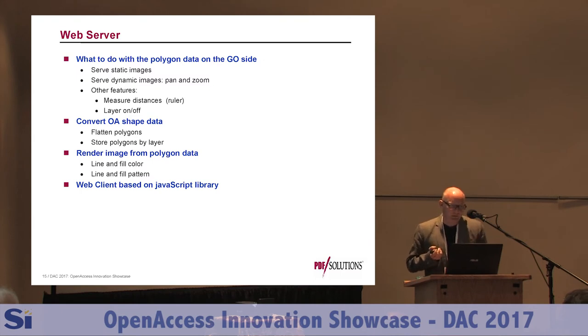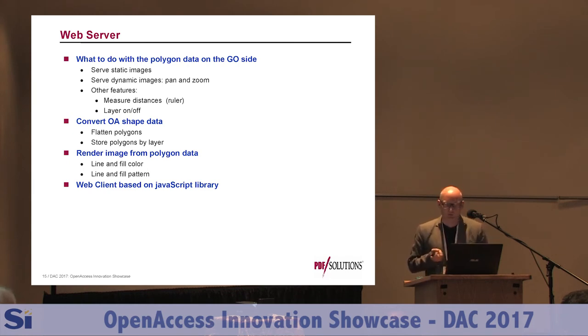What I like to do also is convert our OA shapes. Since we cannot really do it on the OA side itself, I convert these shapes into my own structure. I like to flatten these out. I would like to leave this on the OpenAccess side, of course. To get access through the hierarchies, there are ways of doing it in OpenAccess, I know, and once we solve the problem with multitasking, then I will probably go back to this.